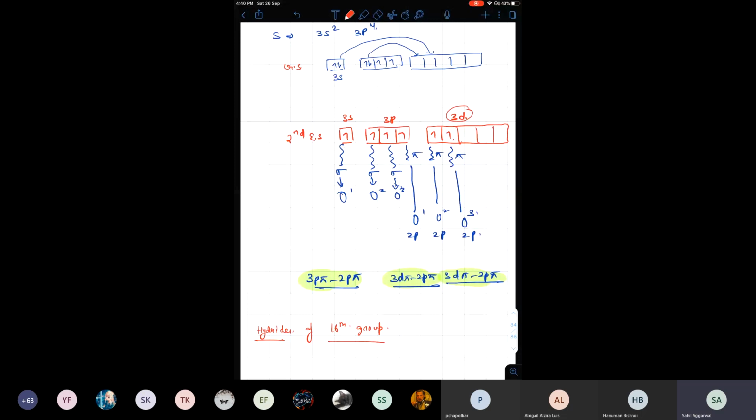Oxygen always uses its p orbital. So it is 3d forming a pi bond and 2p forming a pi bond, so it becomes 3d pi, 2p pi. Whatever orbitals are used for the formation of the pi bond, that only we are writing. Very good.